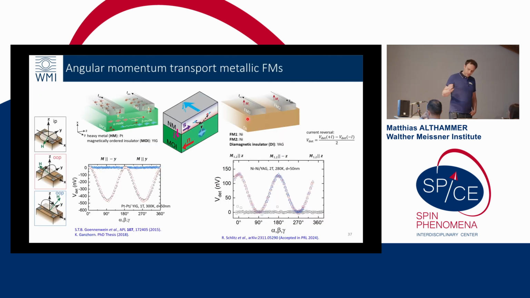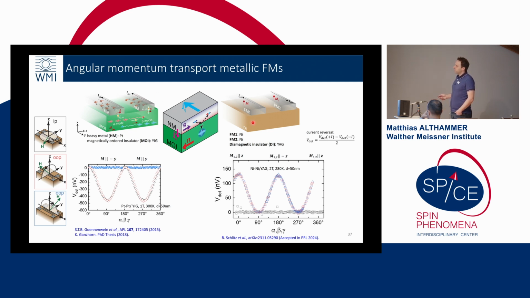With this, I still have a couple of minutes to go, and I want to switch over to something that was already presented yesterday at the poster session by Matthias. So what I showed to you here is that you take platinum and a magnetically ordered insulator and do this magnon spin transport.